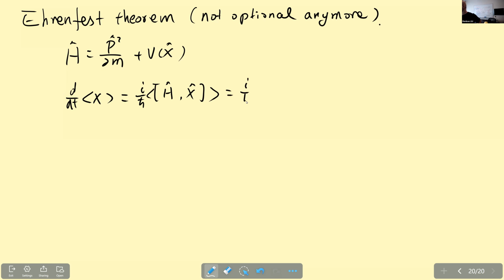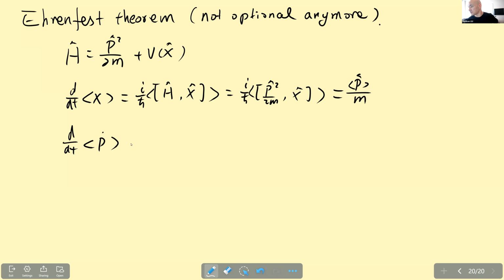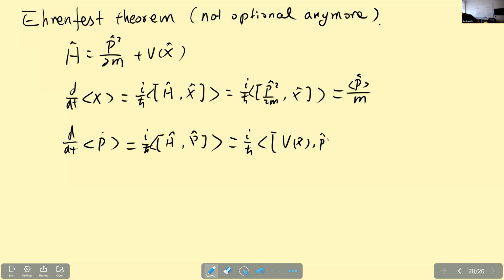That equals i over h bar, p squared over 2m and x. This is nothing but just p over m. And then d over dt of the momentum is i over h bar, the Hamiltonian commutator with the momentum. That equals i over h bar, V(x) and the momentum operator.